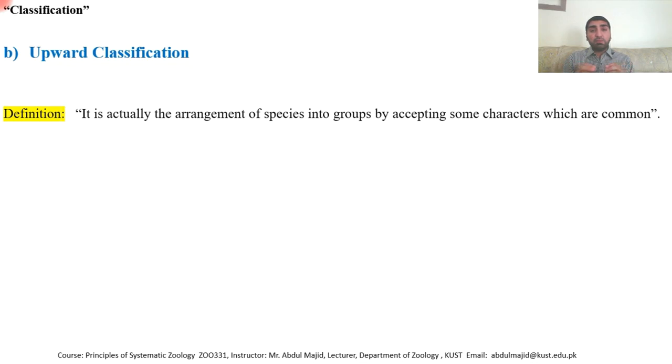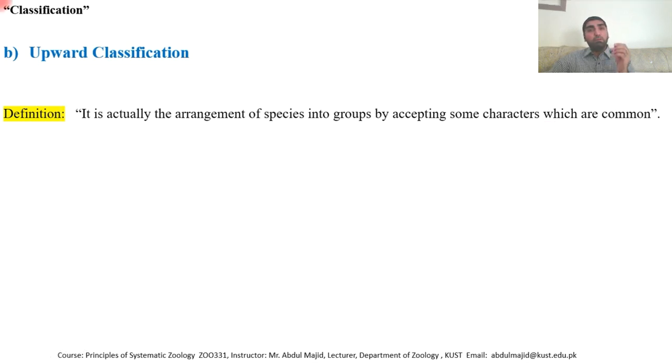On the basis of their similarities, we place them into one group, and so on and so on, and we go up and up to phylum, kingdom, and domain level.